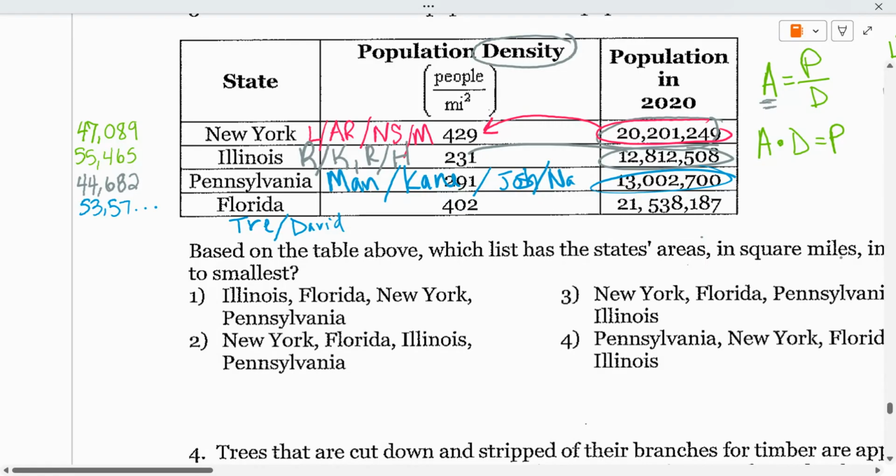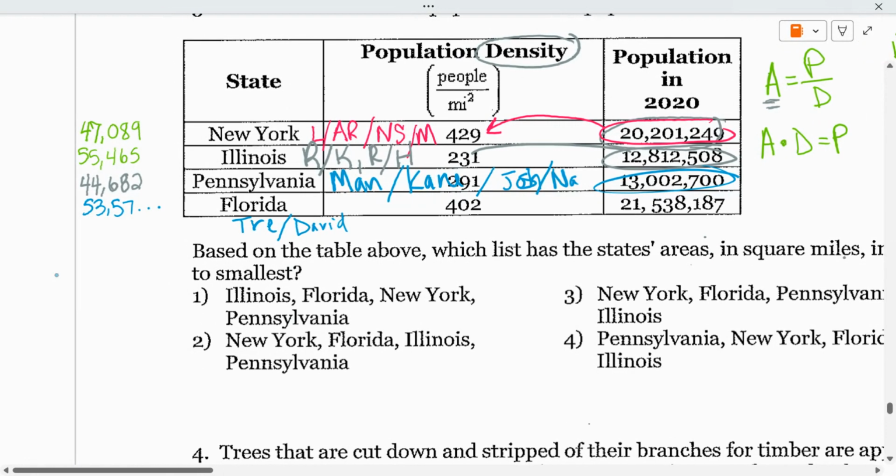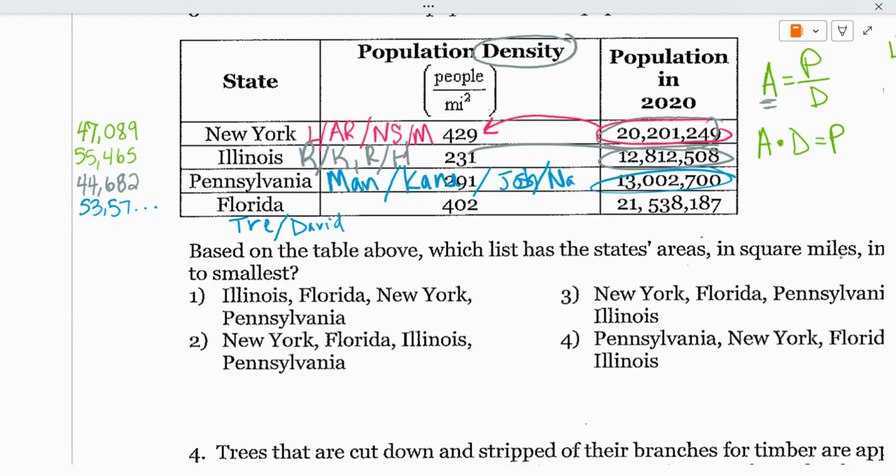Okay. So we want them in square miles from largest to smallest. Which one's largest? Illinois. This one's got to come first. I don't know, but 53 is smaller than 55, so I didn't worry about it.